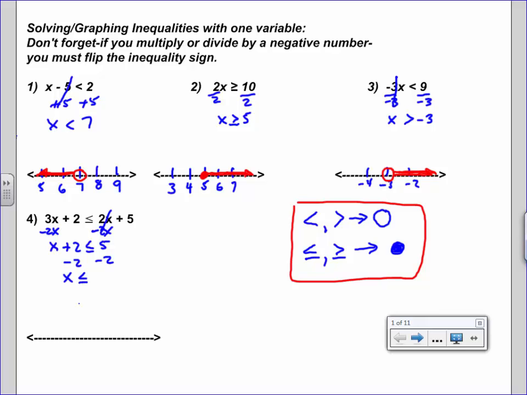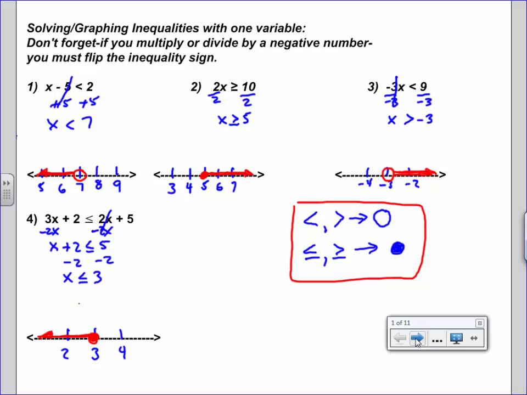We subtracted, we did not multiply or divide, so we do not flip the sign. And the numbers in the vicinity of 3. Okay, this appears that it'll be a closed circle, just like we said over here. If it's an or equals, it's a closed circle. And less than, shade to the left. The little arrow showing that it continues on.